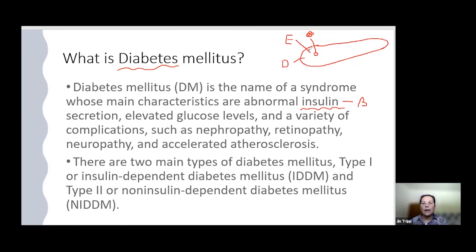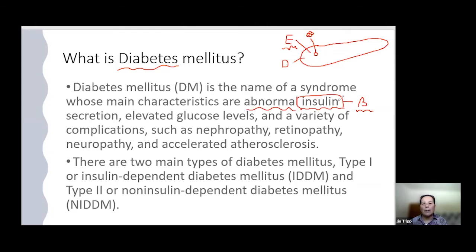So basically, we say the pancreas belongs to two systems, including the endocrine system. Thus, we have the beta cell, and the beta cell secretes insulin. So in these kinds of patients, the insulin secretion has some trouble.